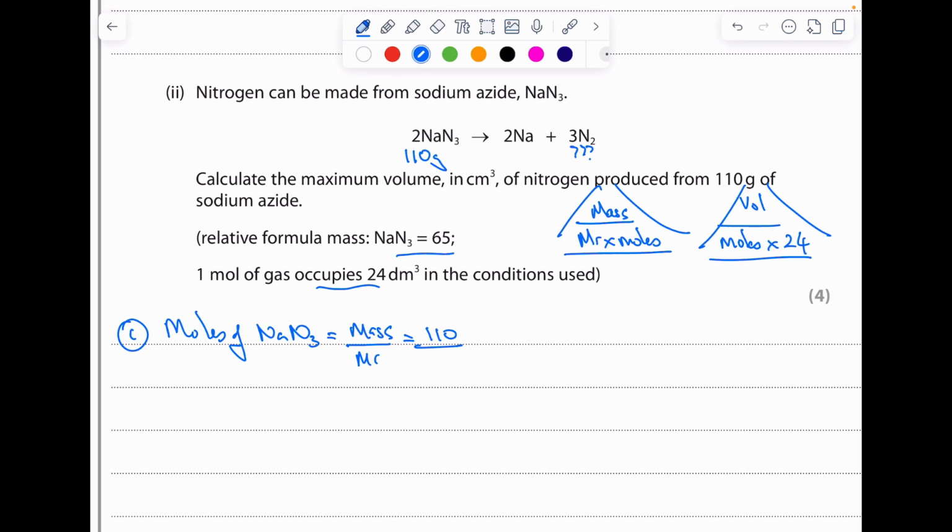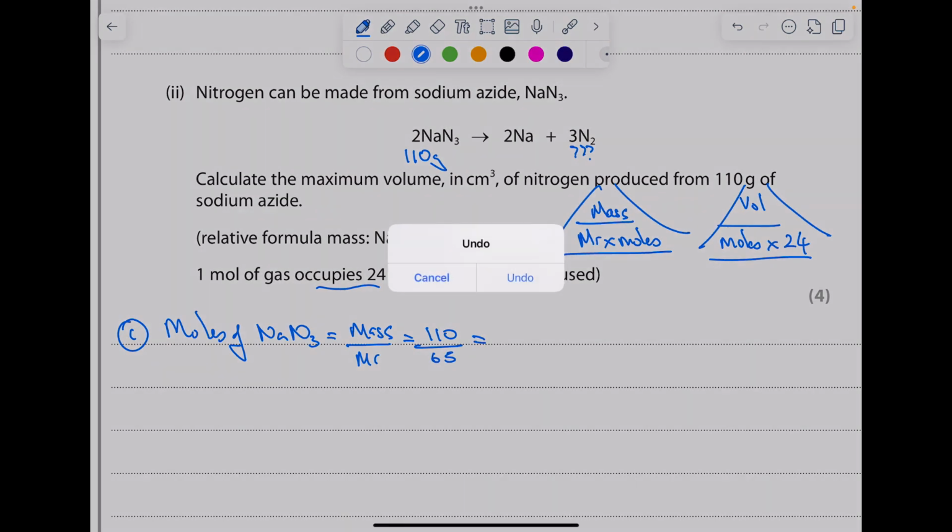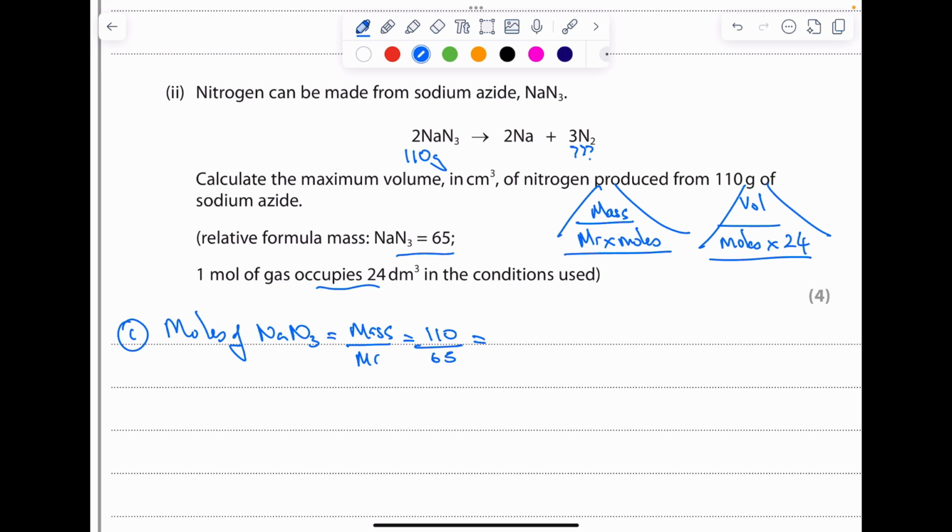The Mr we're told is 65. Let me just grab my calculator. So 110 divided by 65 is giving me an answer of 1.69, and that's going to be moles.